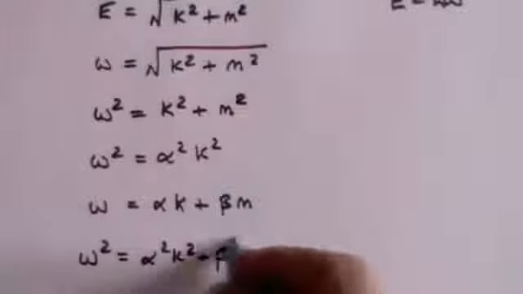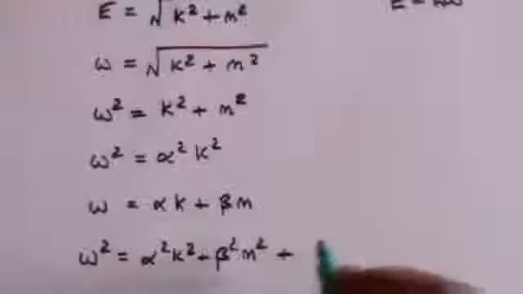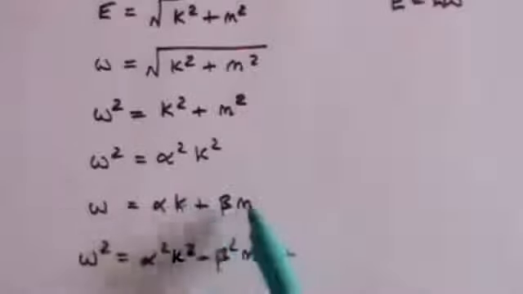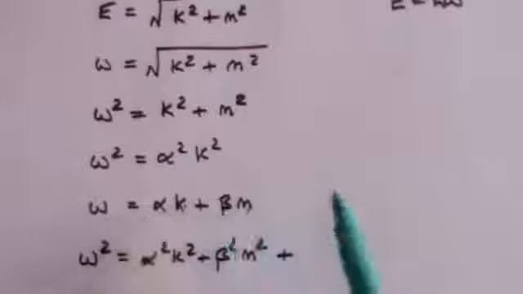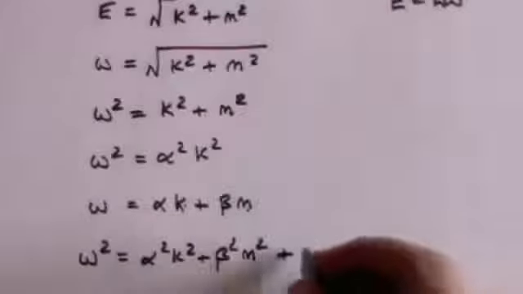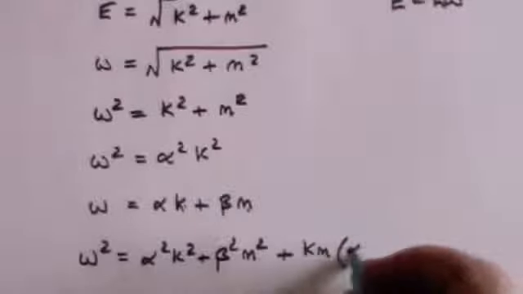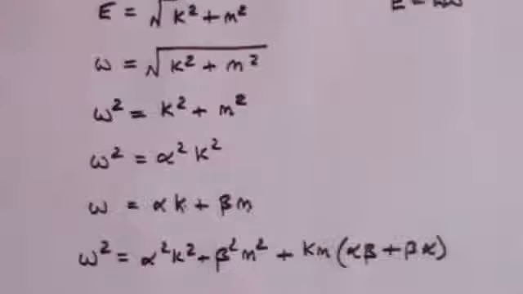We're going to get a beta squared m squared term, and then we're going to get a cross term. We remember that k and m are just numbers, but alpha and beta are matrices, so you have to watch what you do with matrices. So that's going to give us km, the numbers, times alpha beta plus beta alpha, where alpha and beta, as I say again, are matrices.